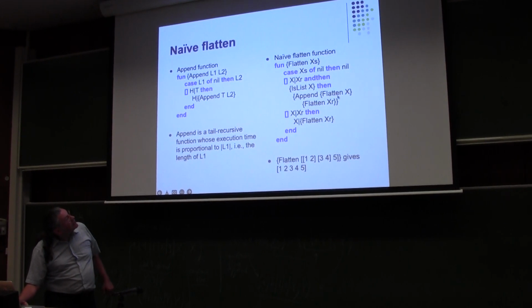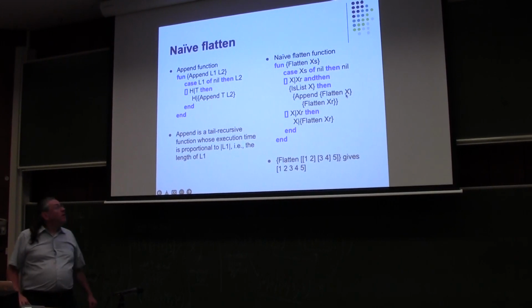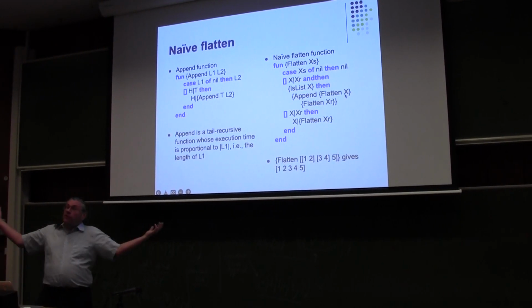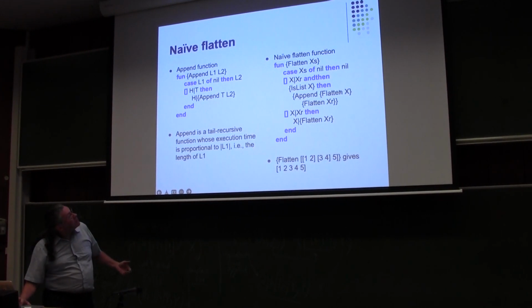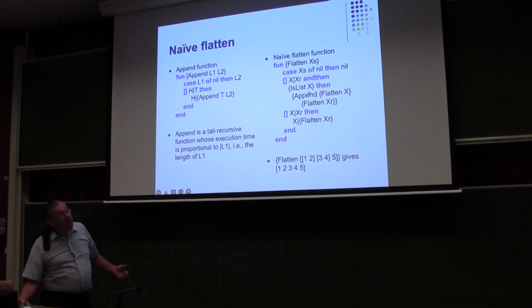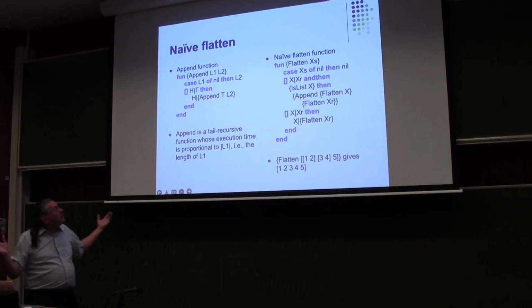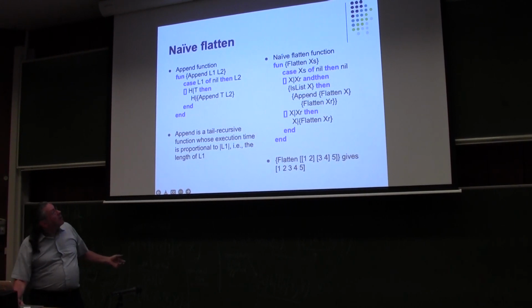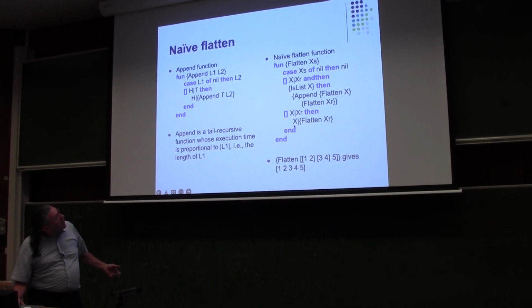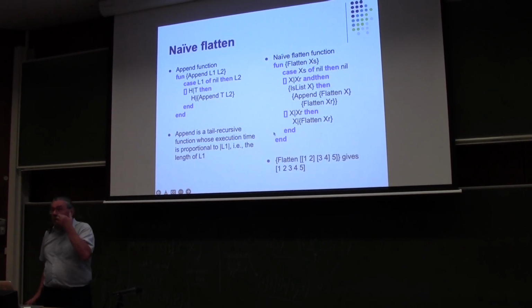You see, then if x is a list, I do a recursive call, flatten, but that gives me a list. So here I have two lists, and so I append them, okay, like that. And if x is not a list, I just add it as an element, x bar flatten, okay? And if xs is nil, it's nil. So this is the flatten definition.